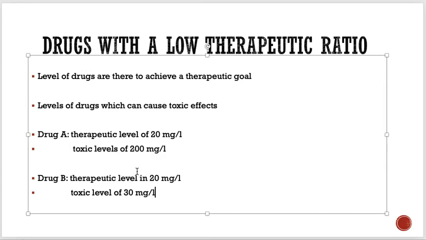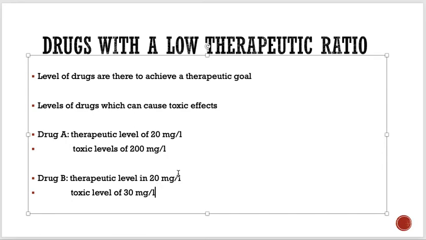Below 20, it is not going to cause any effect, so we have to give 20. But if we give more than 20, we must keep it less than 30, because at 30, the toxic level will be reached. So this one has a high therapeutic ratio, but this one has a low therapeutic ratio.